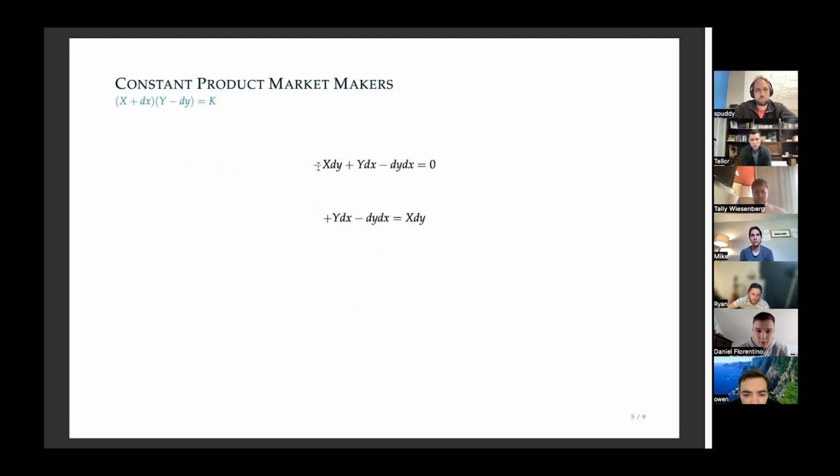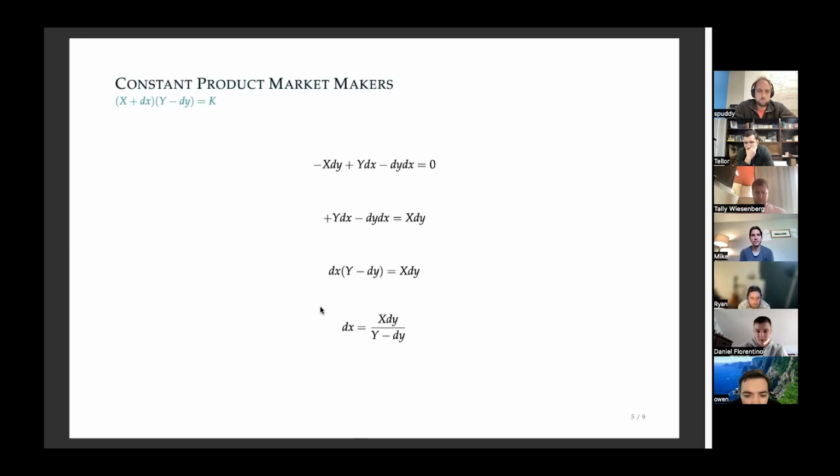So if we want to solve for dx here, it doesn't really matter, like we said earlier, you could solve for dy. But let's solve for dx. Move this x dy over, factor out a dx, and divide by this quantity y minus dy.